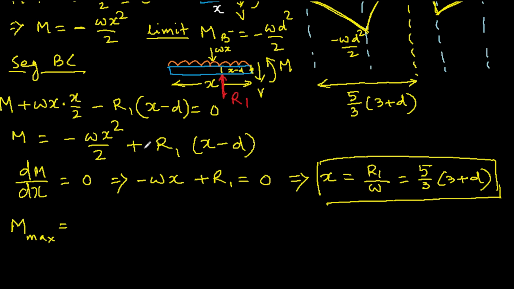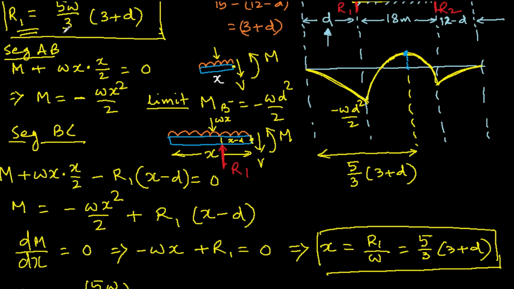Fine. So, and that if you calculate, it will come out to be 5w over 18. I'm just skipping the algebra. You just have to substitute this x value here. Fine. And R1 also you have to substitute this.